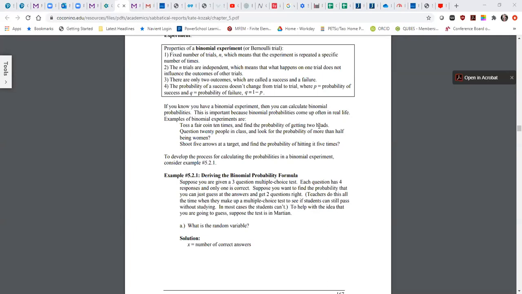Or take 20 people in a class and look for the probability of more than half being women, because in the class you only have the probability of women or men, right? Also, you can shoot 5 arrows at a target and find the probability of hitting it 5 times.